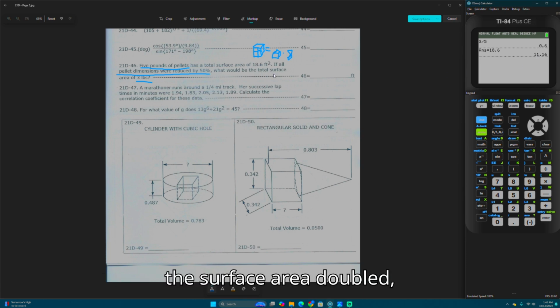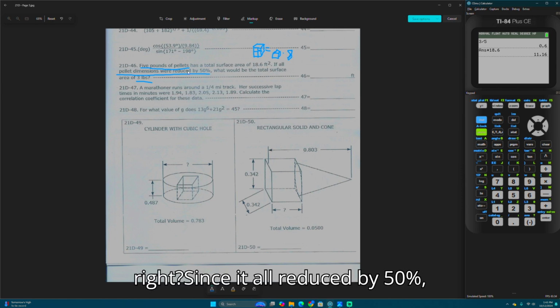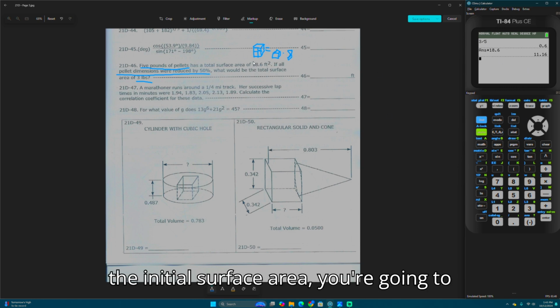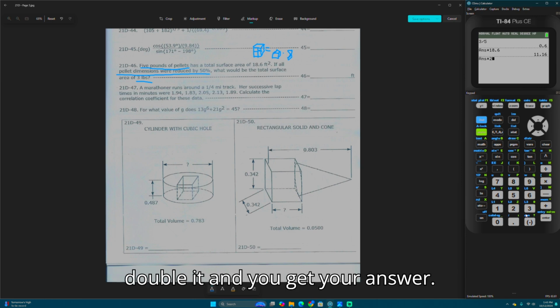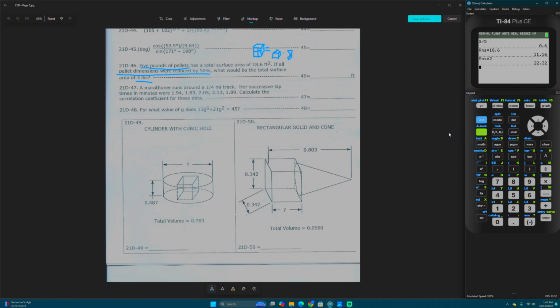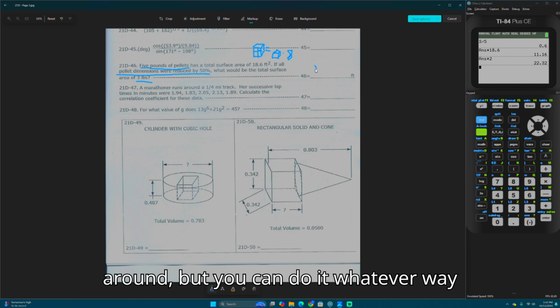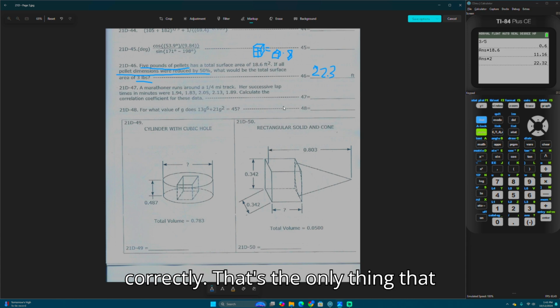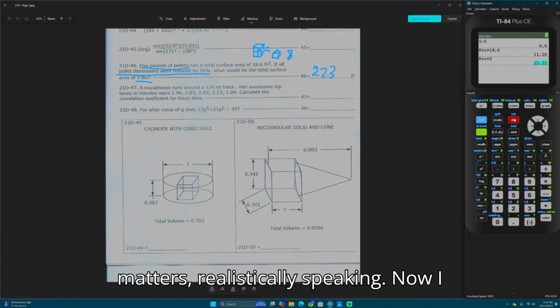But the surface area doubled, since everything was reduced by half. So once you figure out the ratio and multiply it by the initial surface area, you're going to double it, and you get your answer. That's how I did it the first time around, but you can do it whatever way you like, as long as you do it correctly. That's the only thing that matters, realistically speaking.